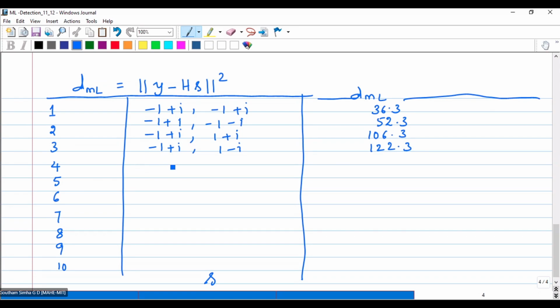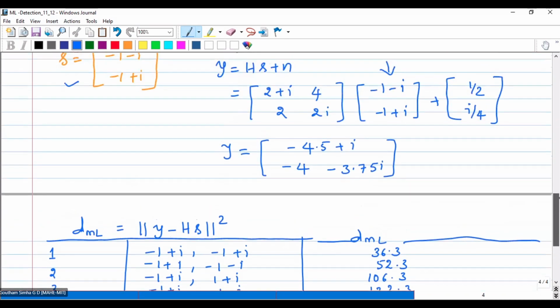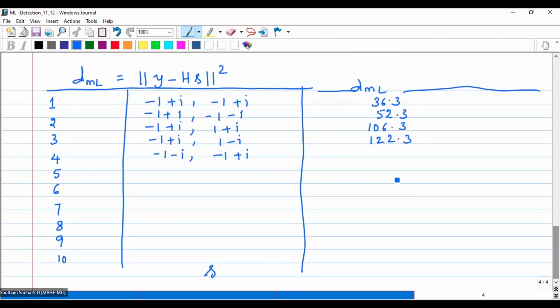And this is my fifth one: the symbol I have radiated, -1 minus I and -1 plus I. If I transmit this, I got somewhere around 0.3. Similarly, -1 minus I and -1 minus I, if I radiate, somewhere around 80.3, and so on and so forth. For all the combinations, I am going to get values like these.